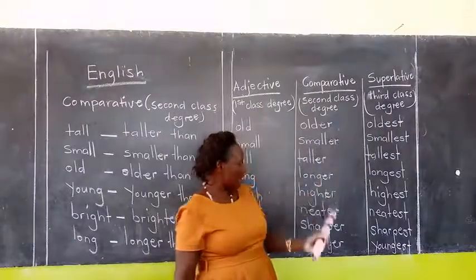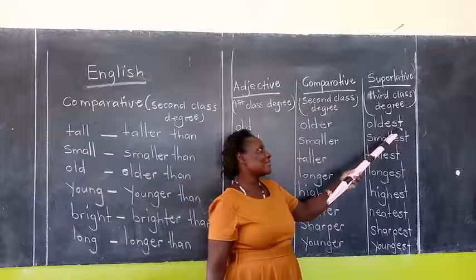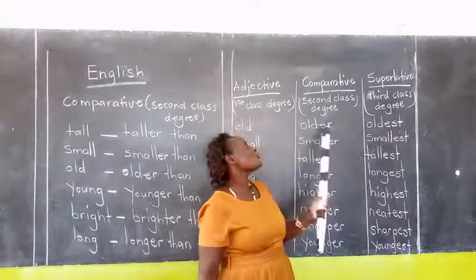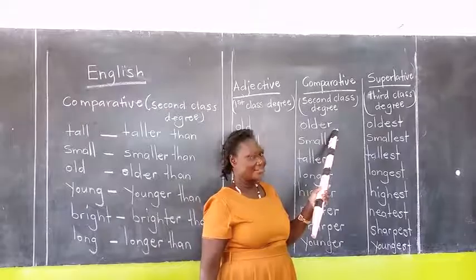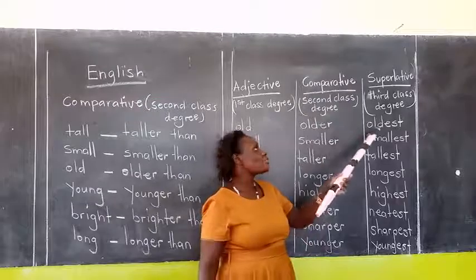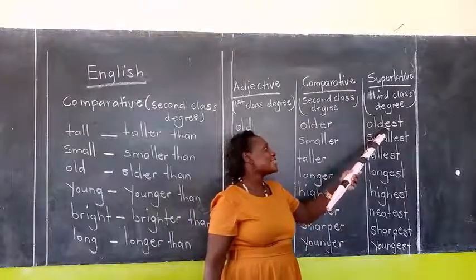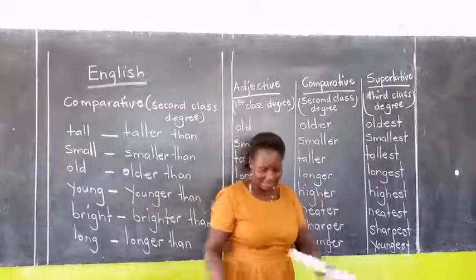ER doesn't appear anymore. We just add EST with the third class degree. And with the second class degree, we add ER. That indicates the comparative. With the superlative, we add EST to make the third class degree.